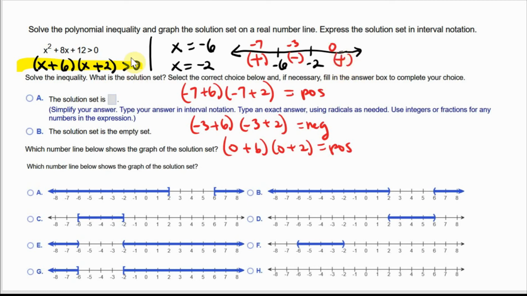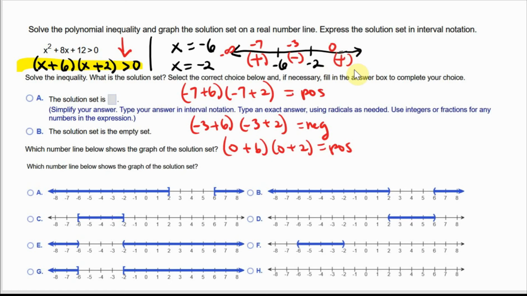Well, the problem said that you wanted the intervals, or all the numbers x, that would make the inequality greater than 0. That means positive, right? So it's going to be on the interval from -infinity to -6, and then from -2 to positive infinity.